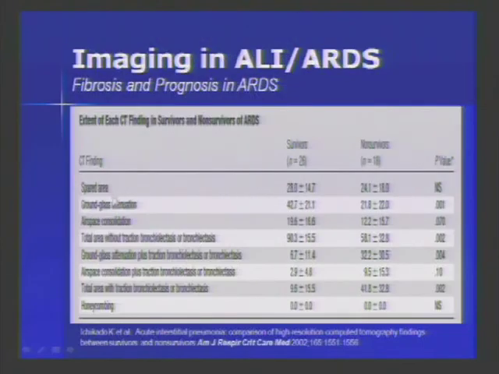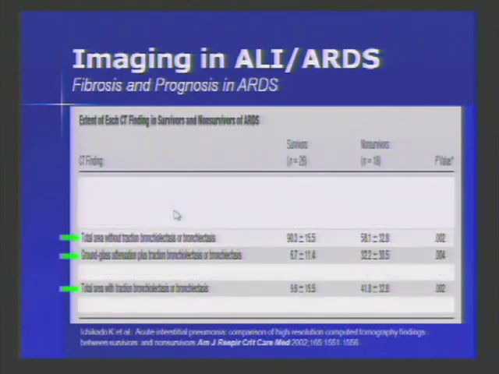Because if you look at all of these signs, you will find that there are independent relationships between this sign of tractional dilatation of airways and markers of outcome. So there is prognostic signal in the images that we look at in these patients.